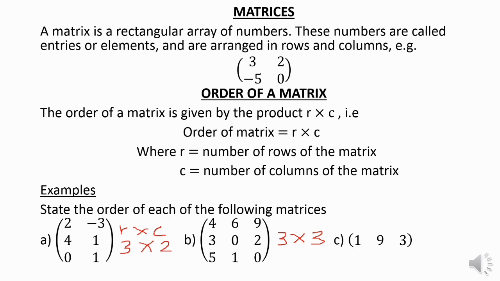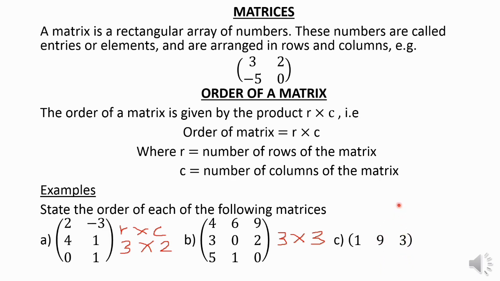Then if we go to the third one, C, this one has 1 row and 3 columns. It has just one row here, and the number of columns is 1, 2, 3.